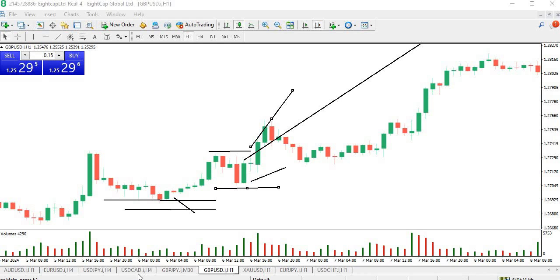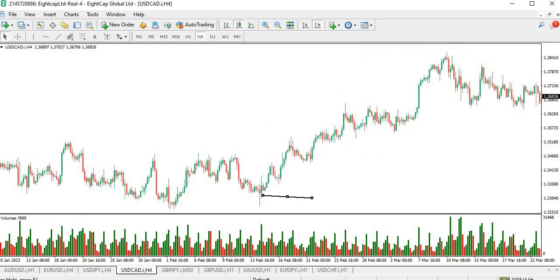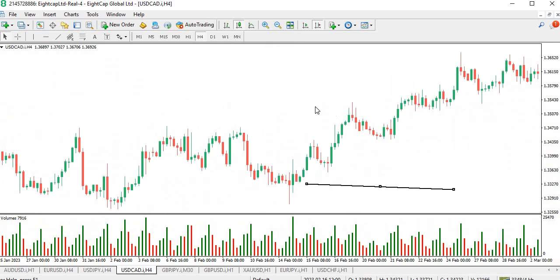Now let me show you the second one. You can see the one I'm indicating. This is the cup and handle pattern. Let me zoom in a little. So this area indicates the cup and this one indicates the handle.